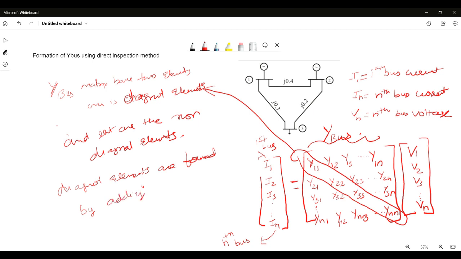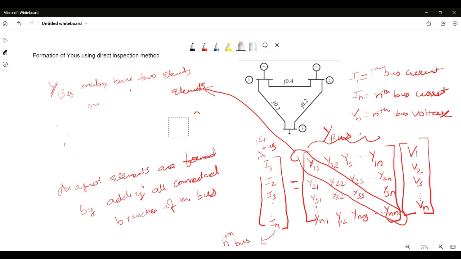The diagonal elements are formed by adding all the connected branch admittances of the bus. If we take bus number one, whichever branch admittances are connected to it must be added. Like this, we can form the diagonal elements.